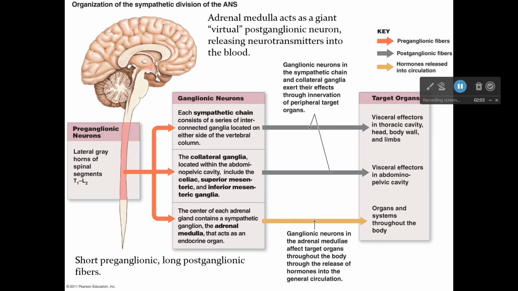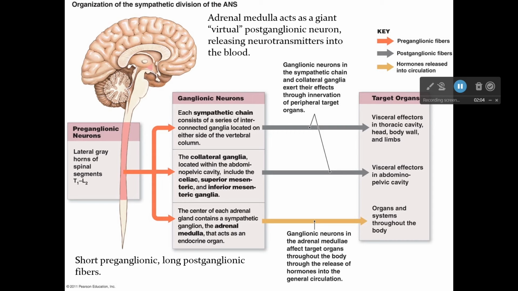Now, down here is something unique to the sympathetic. There's not something similar in the parasympathetic. This is the adrenal medulla. The adrenal medulla acts like a modified ganglia. A ganglia, remember, sends nerve axons to distant sites to make things happen, right?